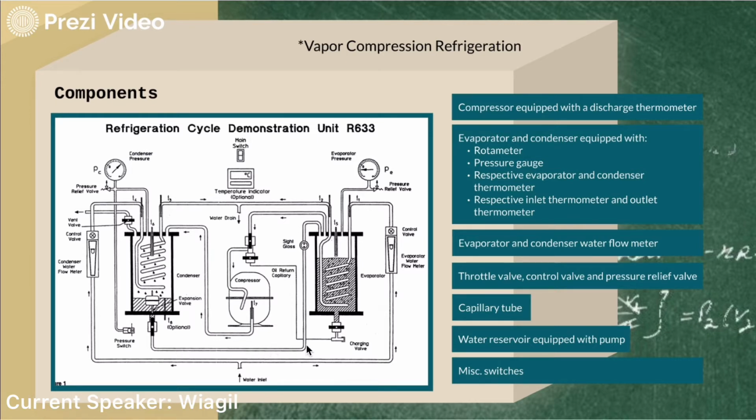In this tube, the pressure will decrease to be equal to the pressure of the evaporator, and consequently, its temperature will decrease. This decrease in temperature must fall to the saturation temperature of the lower pressure.